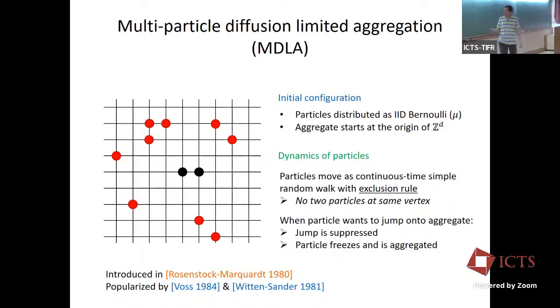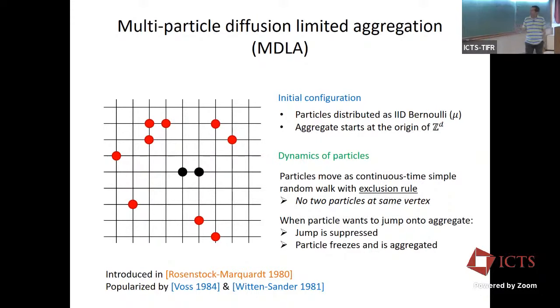Witten and Sander obviously cite Rosenstock and Marquardt, so that shouldn't have been missed. But Voss was still important because it really popularized MDLA. After his paper, MDLA and several other variants of this type of process were studied a lot in physics. But still, in mathematics, we know very little about these processes.